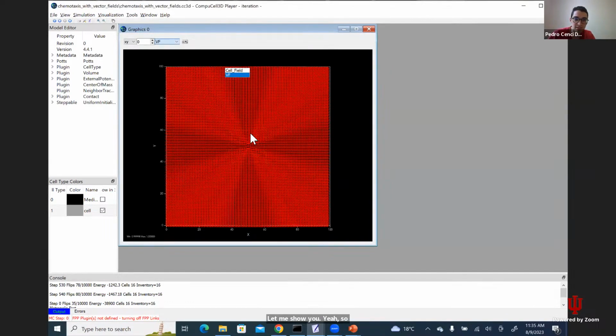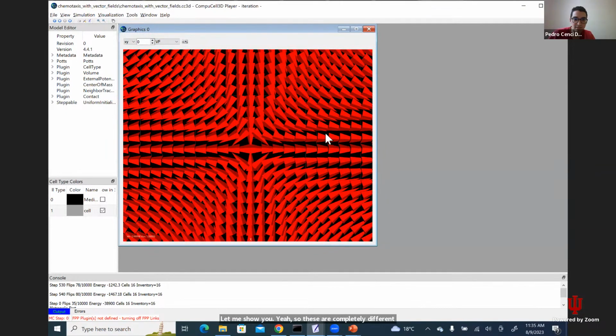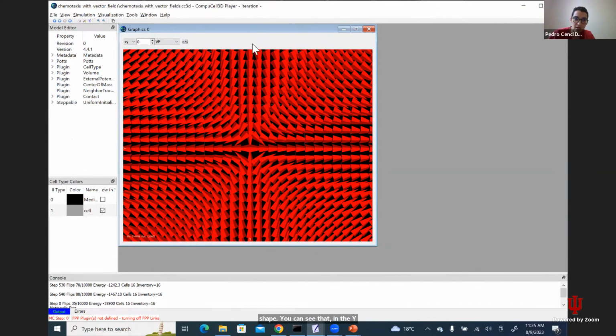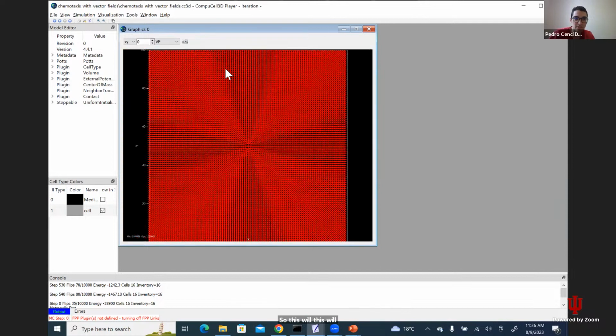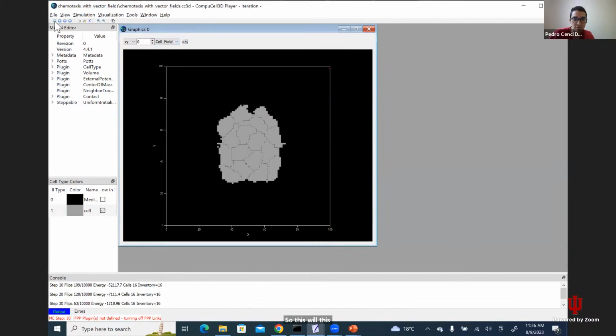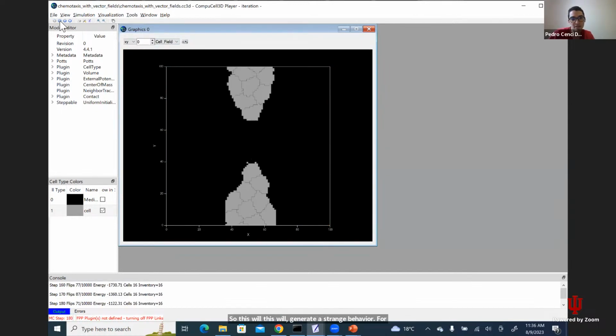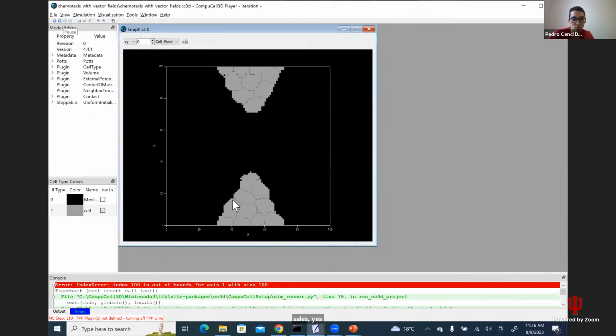You can see that on the y-axis and on the x-axis, we have the vectors pointing either inwards or outwards. So this will generate a strange behavior for cells. And when they reach the boundaries, they crash for some reason.